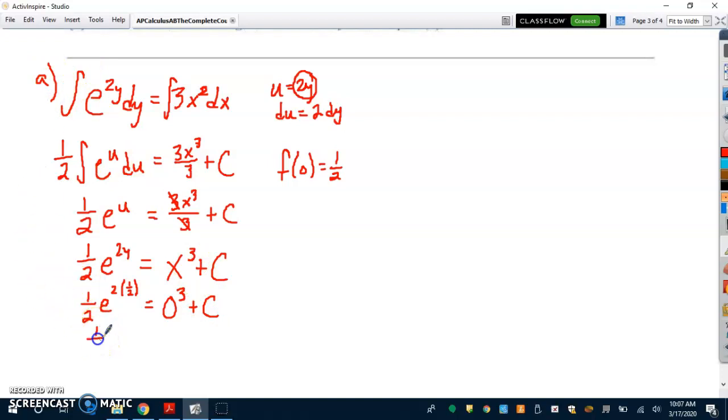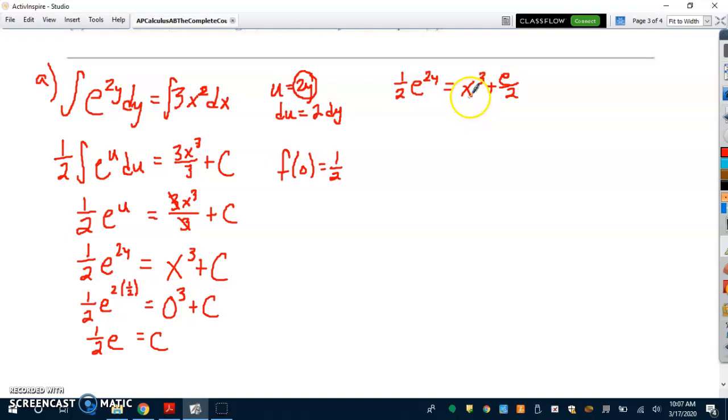So now I've got 1/2 e to the 2 times 1/2, that's just e, equal to c. So c is equal to 1/2 e. I'm going to substitute that back in, so I've got 1/2 e to the 2y equal to x cubed plus e over 2, or 1/2 e.